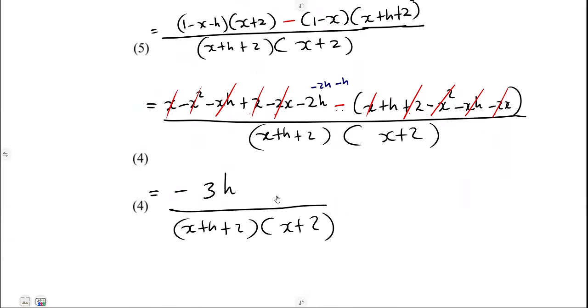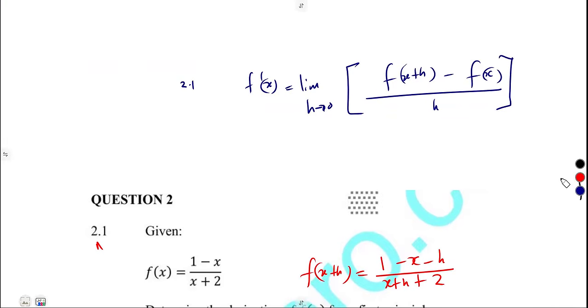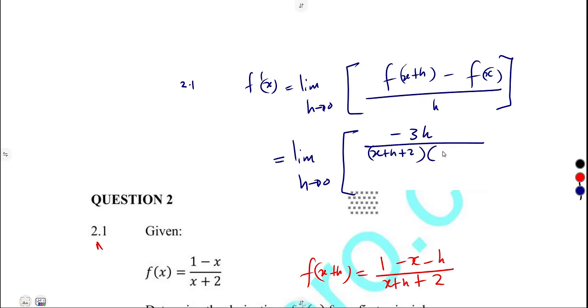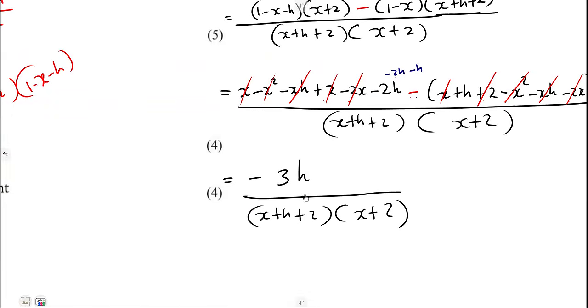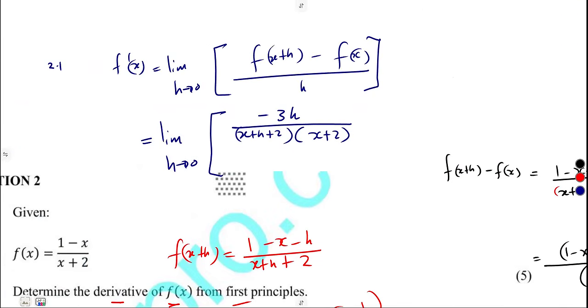With this, you're simply going to substitute back into the formula, our first principles formula. We simplify the whole of this part. So it's the limit as h approaches 0. You take that answer that you obtained, minus 3h over x plus h plus 2 into x plus 2, and everything here is over h.